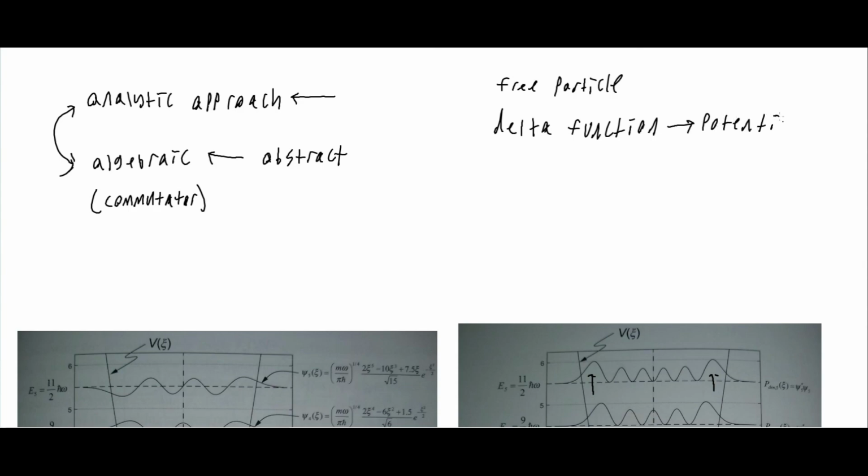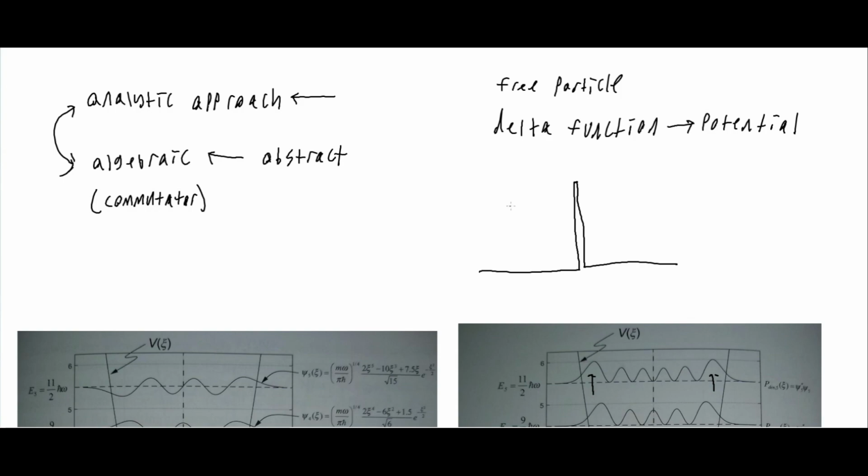What's interesting about that, as we'll see, is that you have a potential that's zero everywhere except for this infinitesimally narrow potential right here.